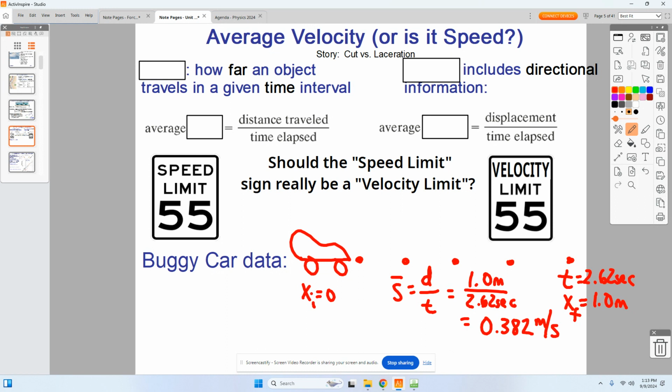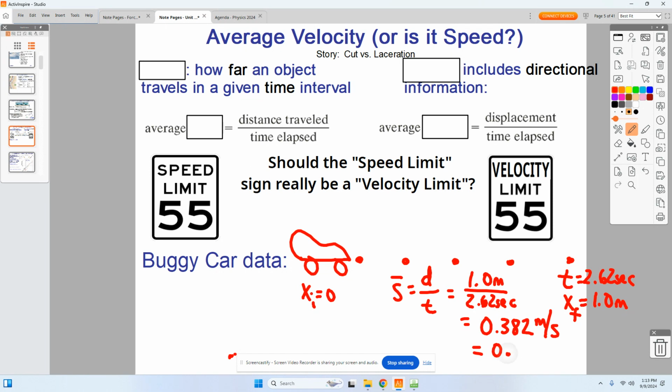Now, you mentioned sig figs. If this is what I'm doing, and I go through all that calculation, if that's 1.0 and that's 2.62, I'd round that to what? If I'm using sig fig notations, what would we do? 1.0 divided by 2.62. It'd be 0.38.